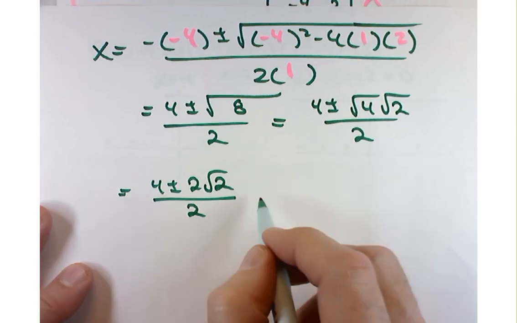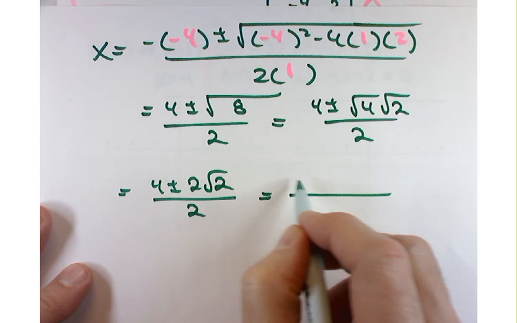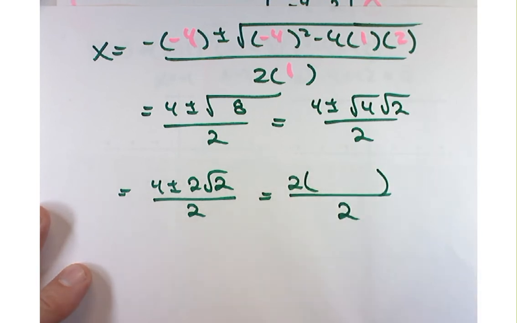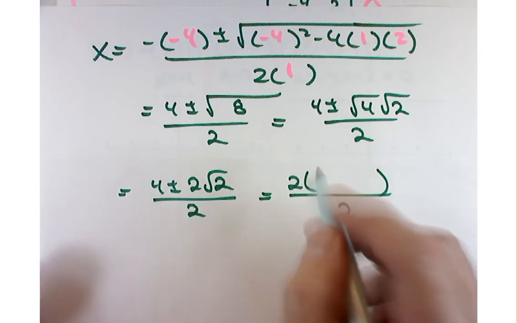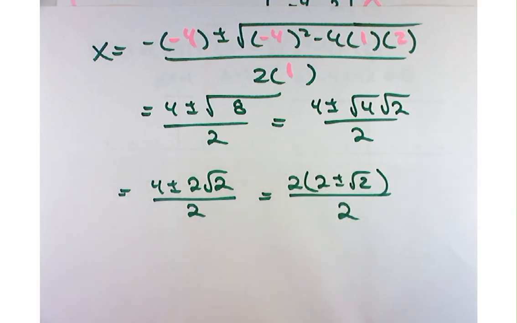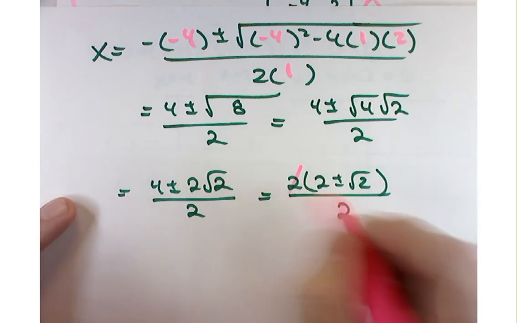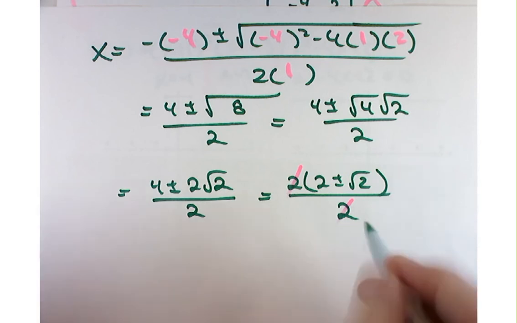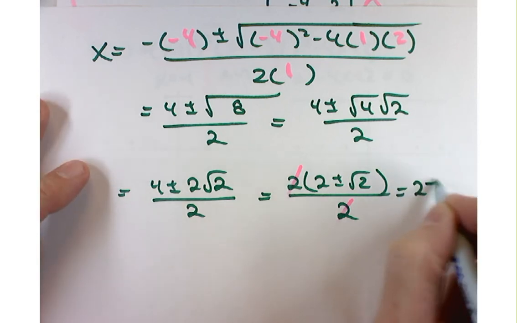From the numerator, I can factor out a 2. Can someone tell me what's left if I factor out a 2 there? Thank you, ladies. 2 plus or minus the square root of 2. Those 2's cancel. So that's nice. And I'm just left with 2 plus or minus the square root of 2.